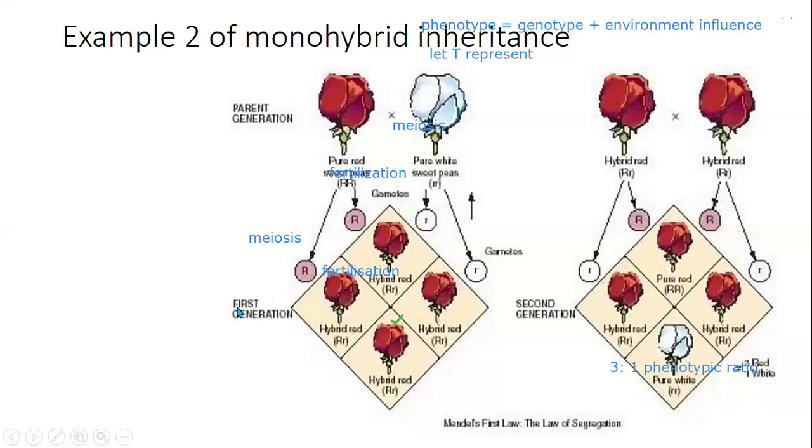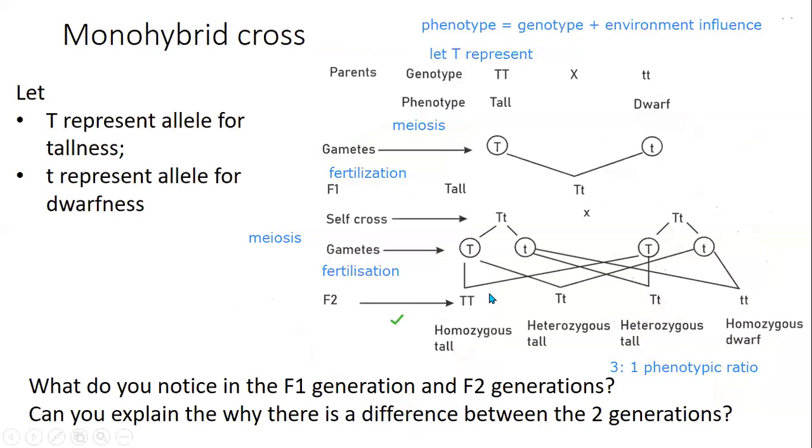Okay, so this is 1-to-2-to-1. That is the genotypic ratio, but phenotypic is 3-to-1. I hope that helps to answer the queries. We are running out of time. Let's take just a few more things and then we call it a day.